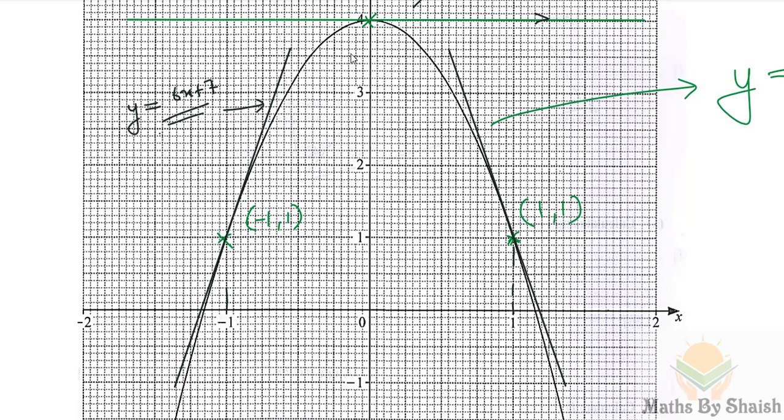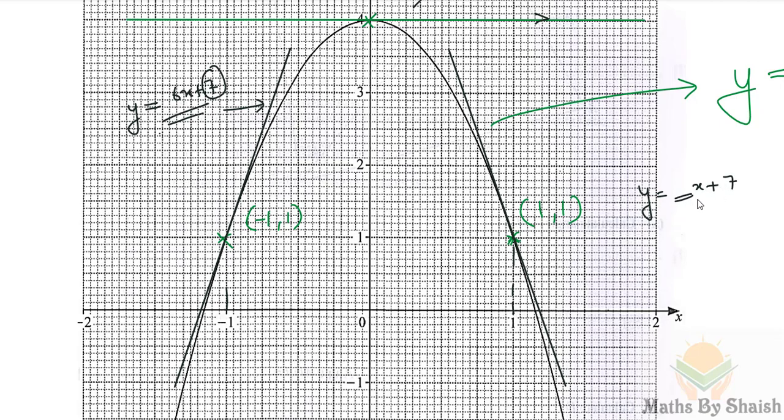We can see the relation because it's a symmetric graph about the y-axis. So this tangent will also, due to the symmetricity, pass through 7, and it means the y-intercept is 7. It means y equals mx plus 7.